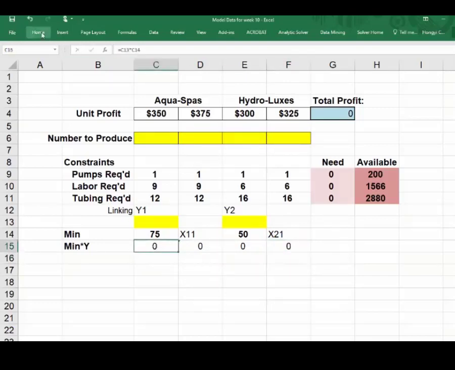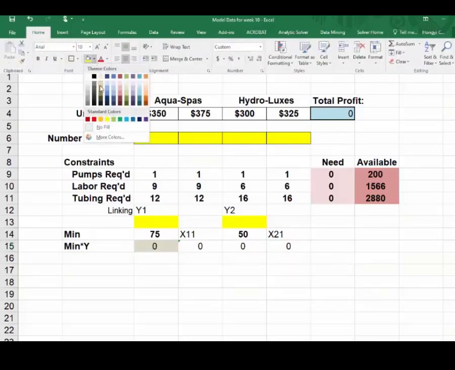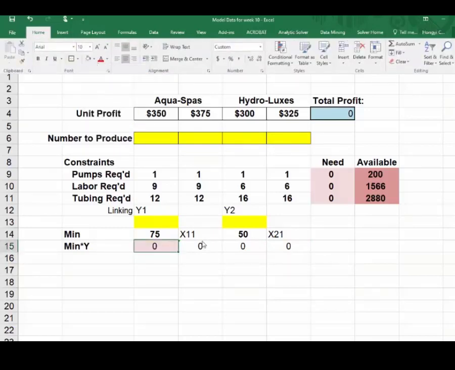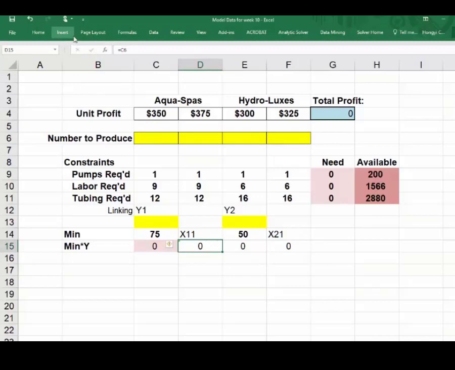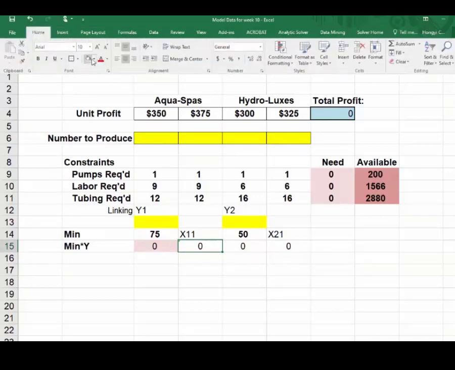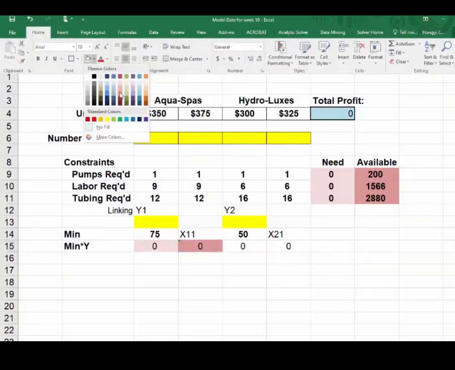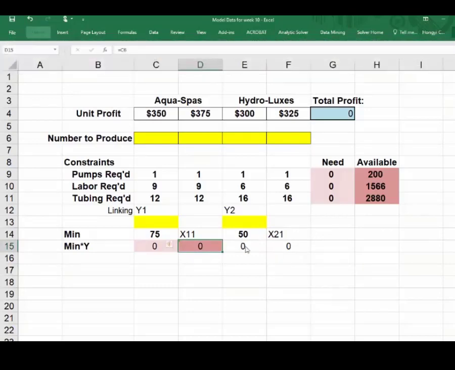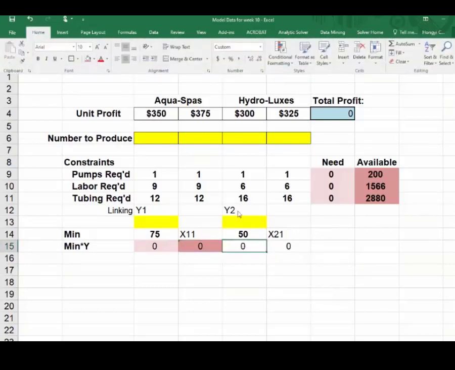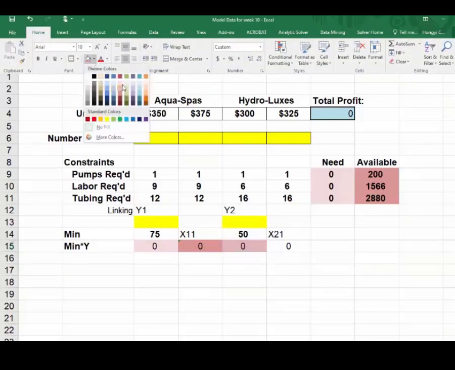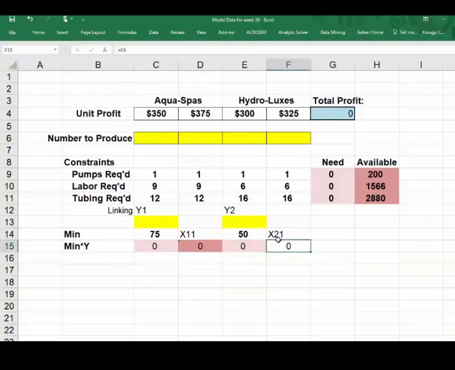And we'll just highlight them, one as the left-hand side and the other one as the right-hand side. In this case, it really doesn't matter. So this is the left-hand side, and this is the right-hand side.